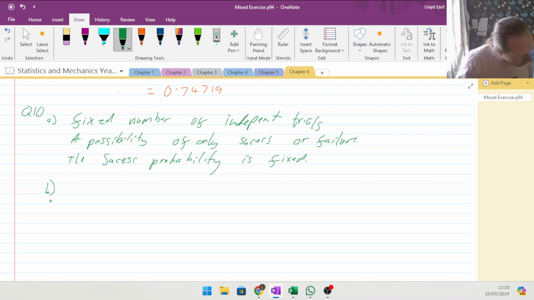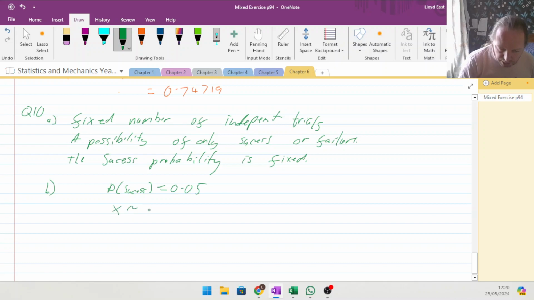A door-to-door salesman is trying to get people to have double glazing installed. Probability of him being a success, okay, of success is 0.05. Find the probability that he will have at least 2 successes out of the first 10 houses he goes to.